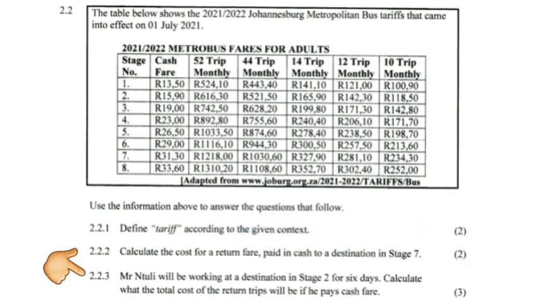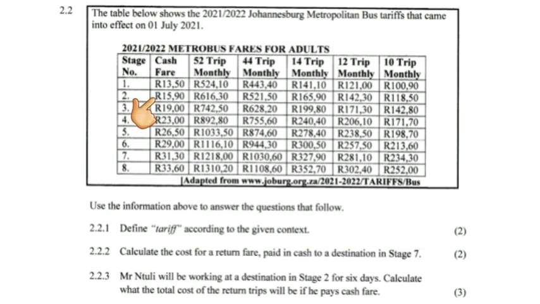Then the last question says Mr. Ntuli will be working at destination in stage 2 for 6 days. Calculate what the total cost of the trip will be if he pays a cash fare. Now, if he's going for 6 days, that means going and coming back, that would have been a 12 monthly trip, but they're saying he wants to pay cash.